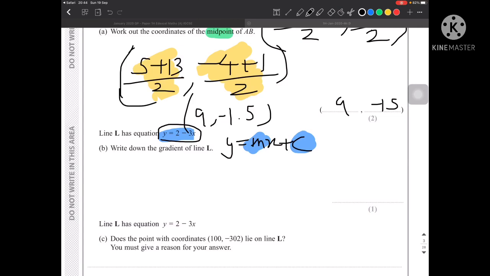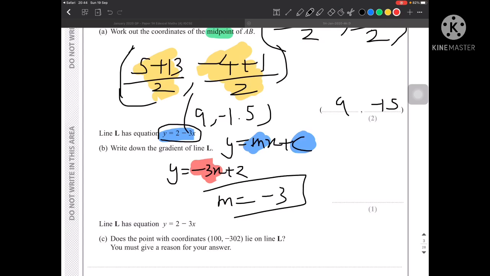So this one is y equals minus 3x plus 2. You can clearly see in here that we have our gradient as minus 3. So we would write that down, m, which is the gradient, equals minus 3. So our answer is minus 3.